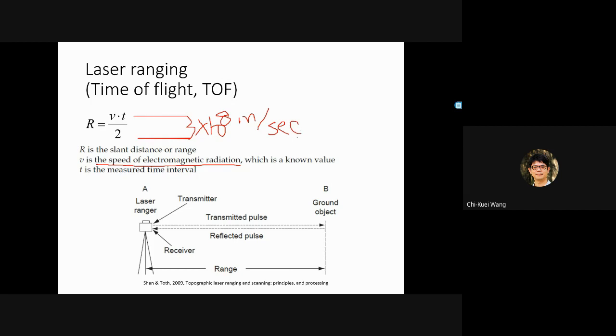You can imagine, even though we usually say the speed of light is very fast, it is still countable with this number. So you can imagine the time for the light to go from here to there and come back is very short. So we just need to measure that time, and then we can know the range. All right.